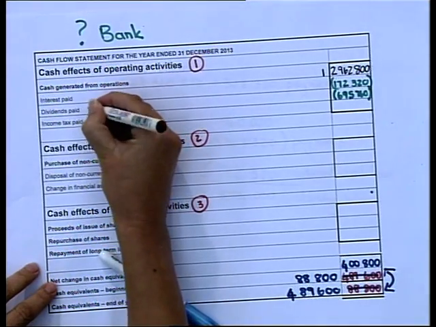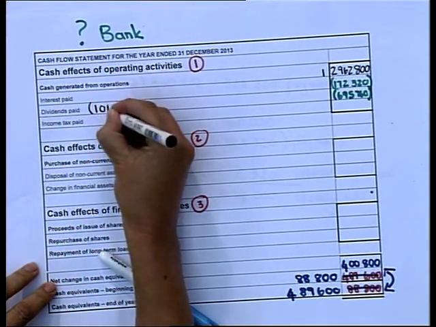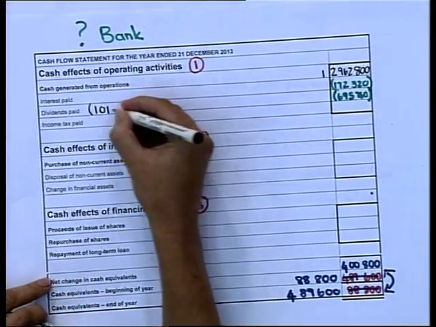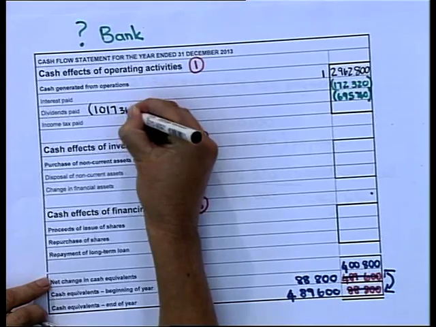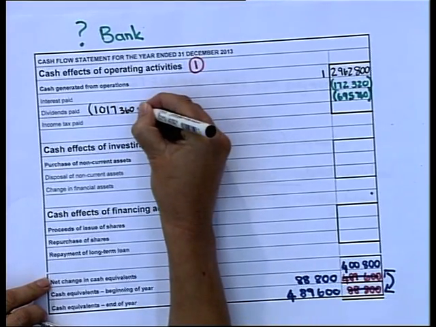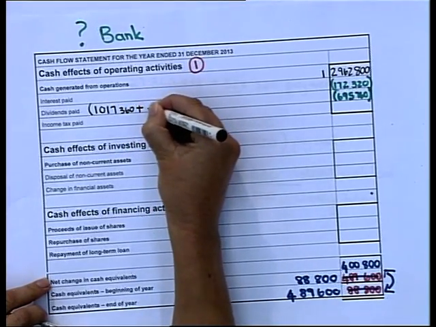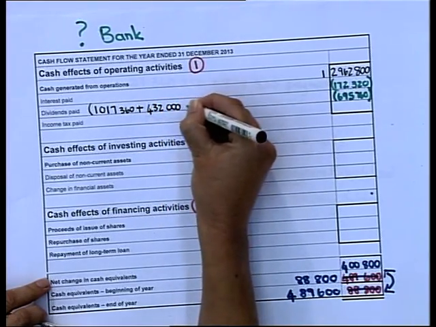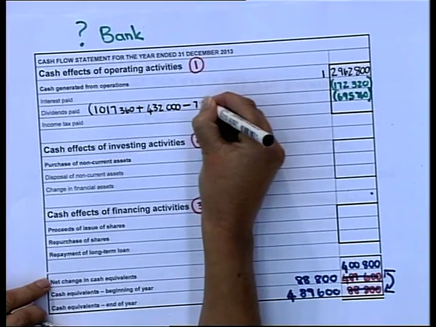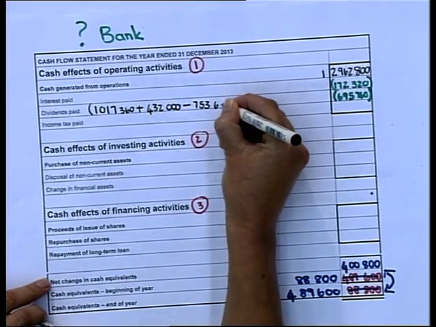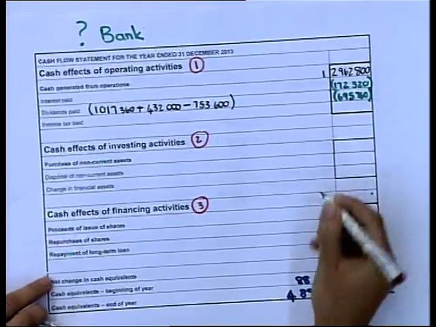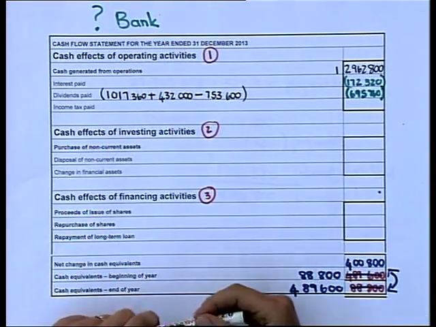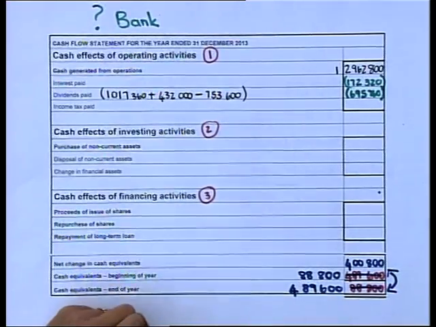In other words, to say, so it's the total dividends for the year, 1,017,360. I've also paid 432,000, and I have not yet paid 753,600, and that gives me 695,760.